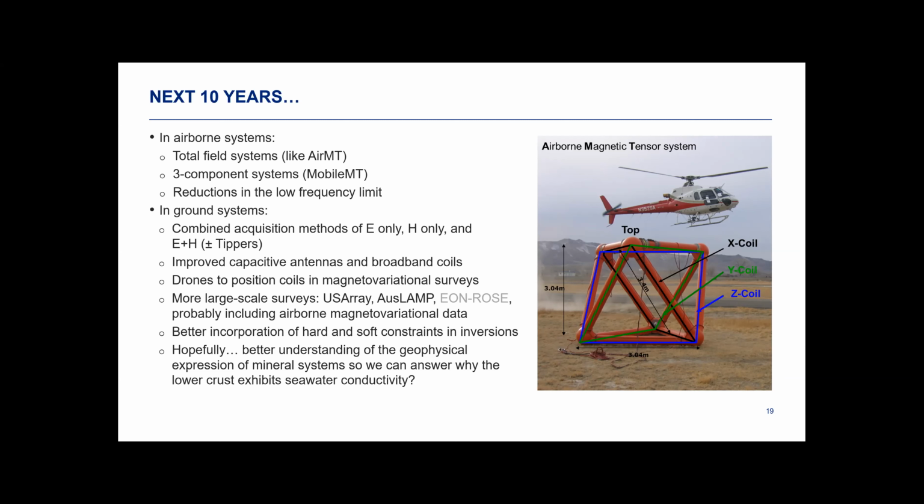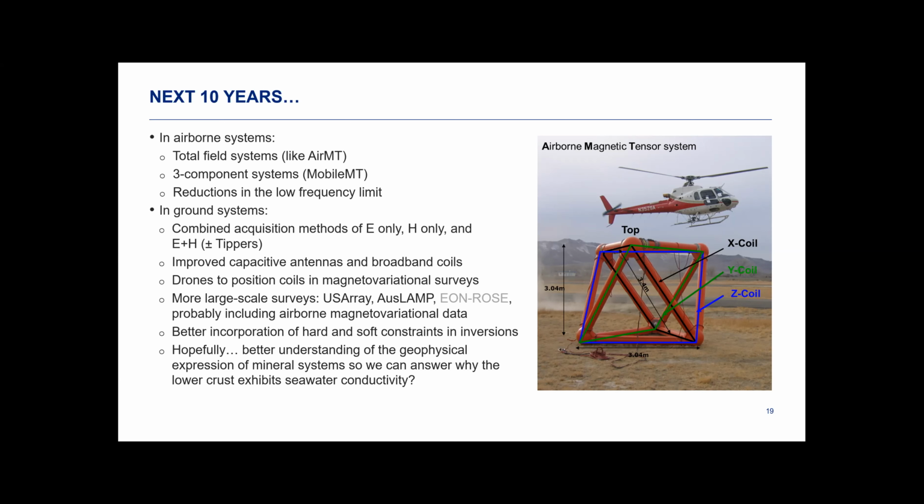In the ground systems, I think we're going to basically stop insisting on collecting E's and H's and maybe Z's at every single station. We may have E-only stations, H-only stations, and magnetovariational, which is basically what the airborne stuff is, plus or minus tippers.